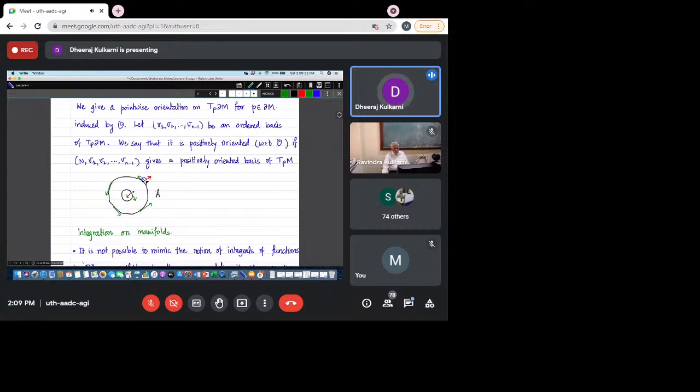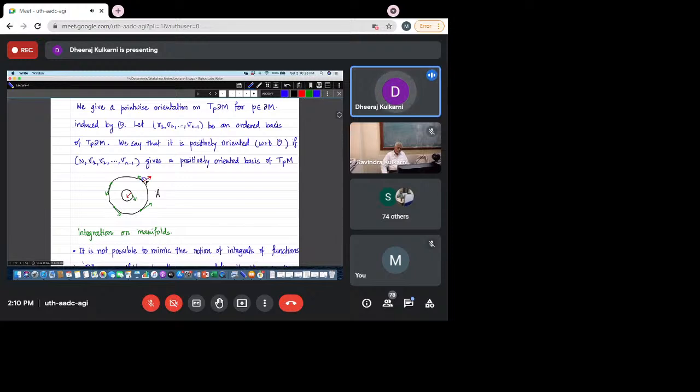Now, let us see what happens at the inward boundary component, the interior boundary component of the annulus. The outward pointing vector is shown by the red arrow, and you have to take a tangent vector so that this red arrow and the green tangent vector form an oriented basis of the annulus.